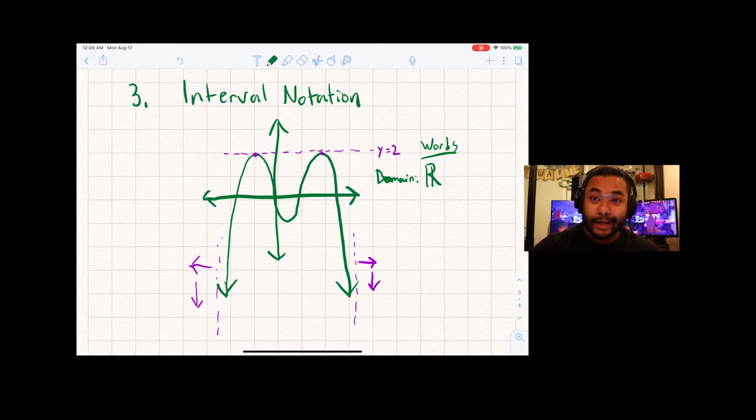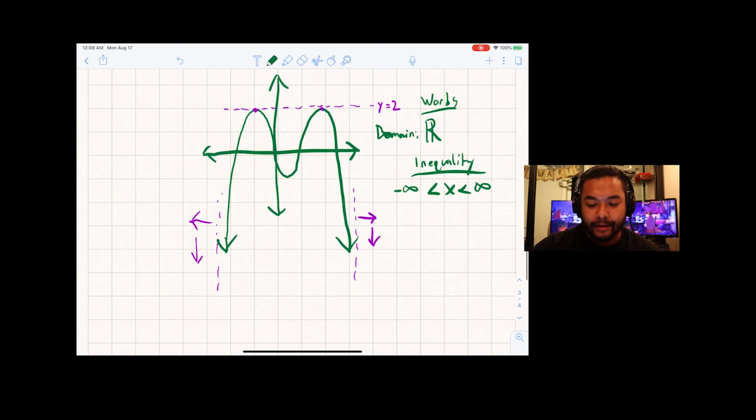I didn't start anywhere, I didn't stop anywhere. Then in inequality form, if it's all real numbers, with no starting or stopping place, I would have x is greater than negative infinity and less than infinity. That's it.